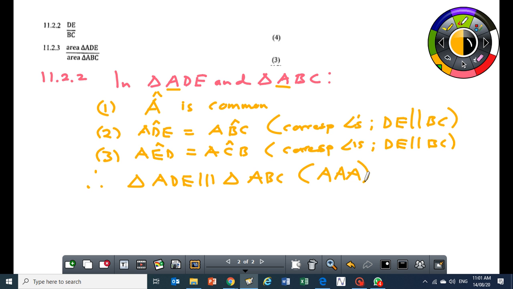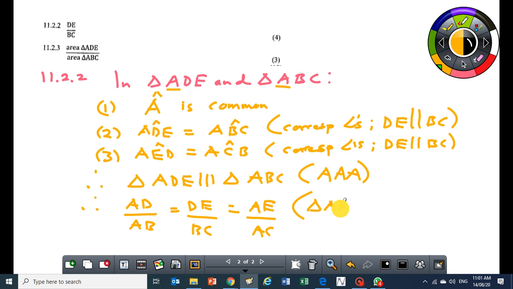So I can now just write therefore AD over AB will be equal to DE over BC, which is going to be equal to AE over AC. Why is this true? Because triangle ADE is similar to triangle ABC.